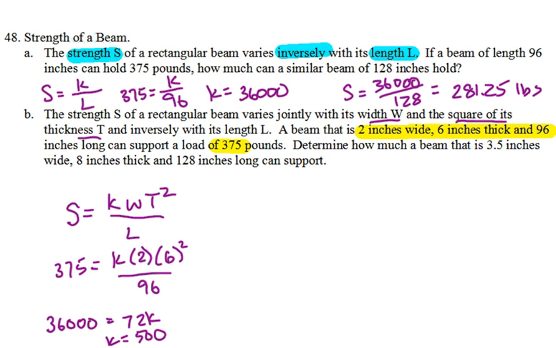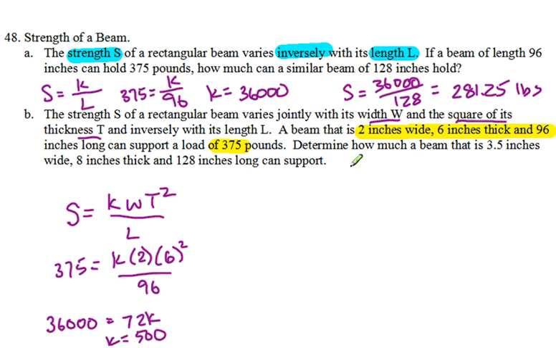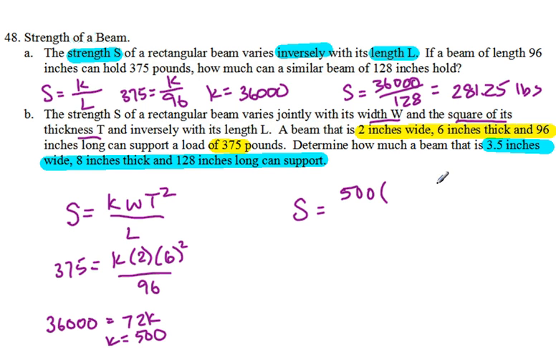All right, so now I'm ready to take that last bit of information, which is all the stuff down here. How much can a beam hold that is 3.5 inches wide, 8 inches thick, 128 long? So here we go. S equals, our K is 500, we just found that. 3.5 is our width, 8 is our thickness, and 128 is our length.